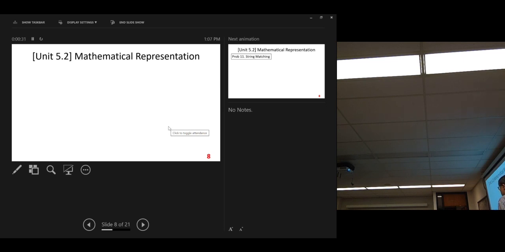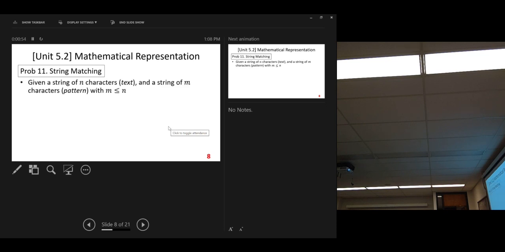Given a problem, how do you represent it mathematically or in a good way? If you represent it in a very good way, you can solve it easier. So let's see. What's the string matching problem?